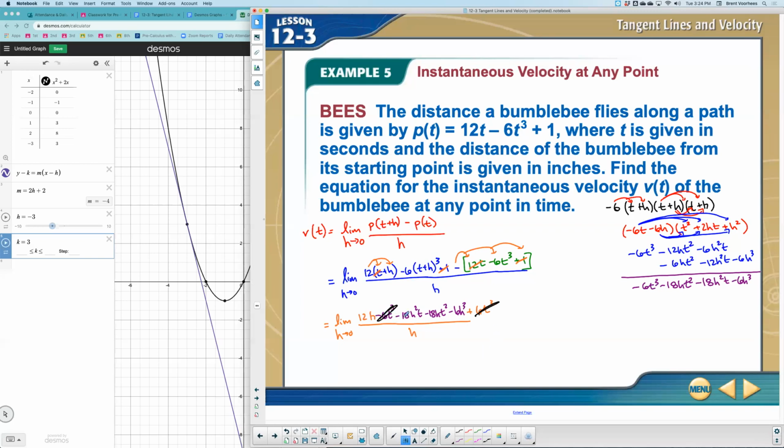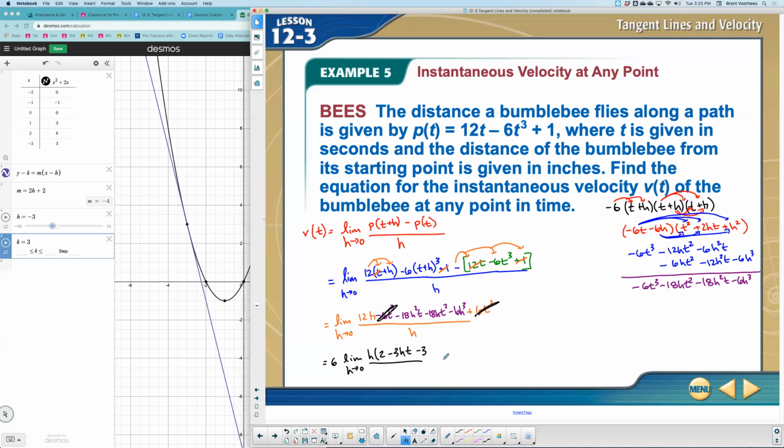And then I also share an h all the way across. I could divide out a 6. I'll just put that in the front of the limit right here. So 6 times the limit as h approaches 0. I'm dividing everything by 6. And I will GCF this h out. So I've already taken out a factor of 6, so this will be left over 2 here. Minus 3. One of those powers of h is gone. ht.